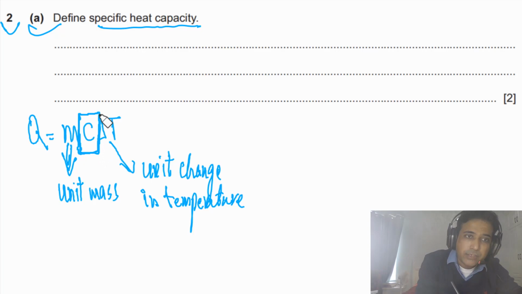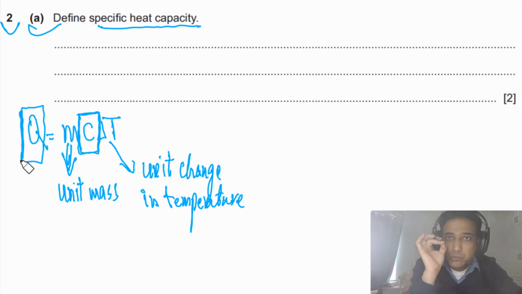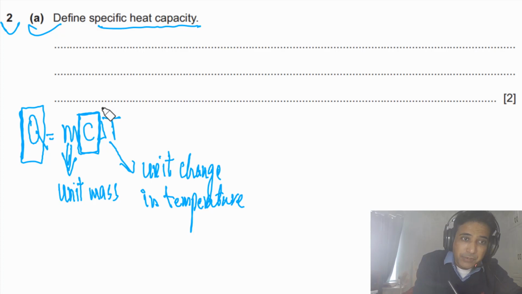So the specific heat capacity will be equal to the amount of thermal energy needed to raise the temperature of unit mass by unit change in temperature. That amount of thermal energy is the specific heat capacity.